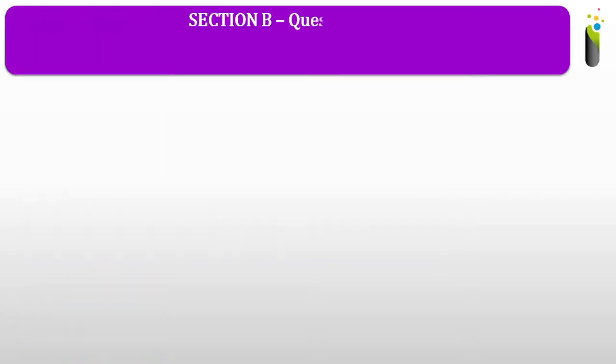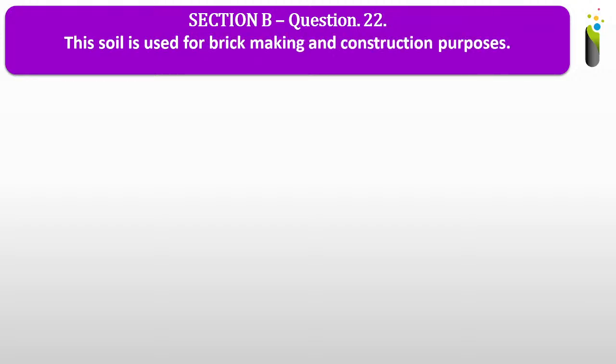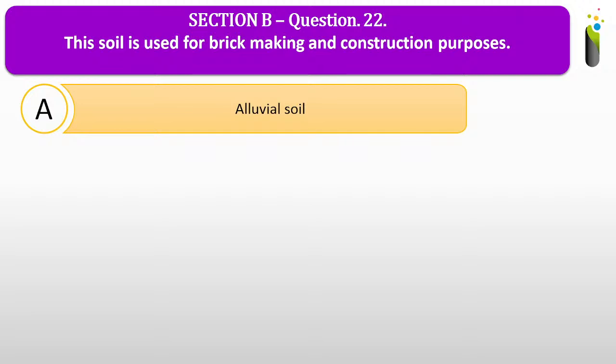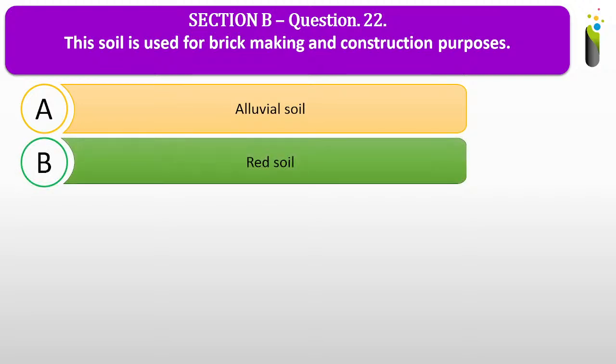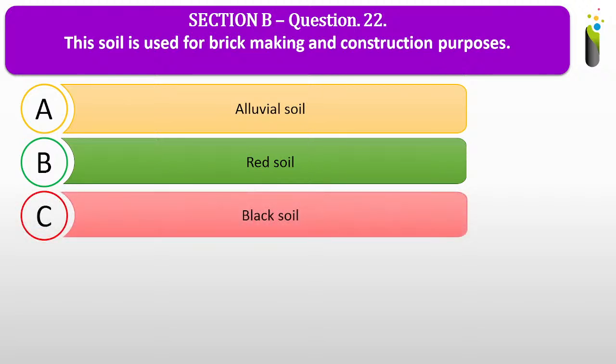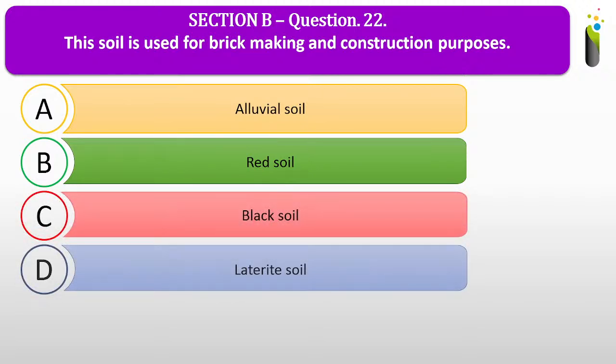We go ahead. Section B, question number 22. This soil is used for brick making and construction purposes. A, alluvial soil. B, red soil. C, black soil. D, laterite soil. So which is the soil that can be used for brick making and construction purposes?